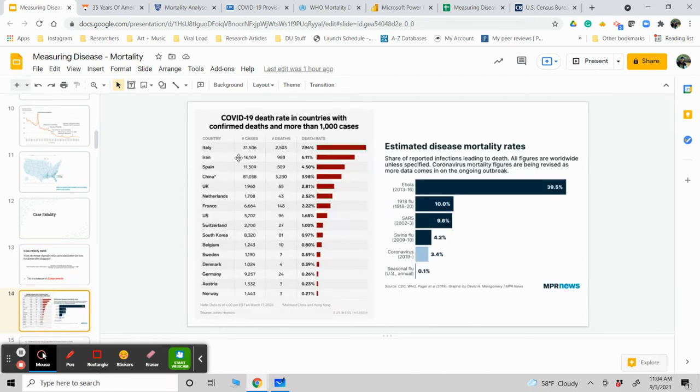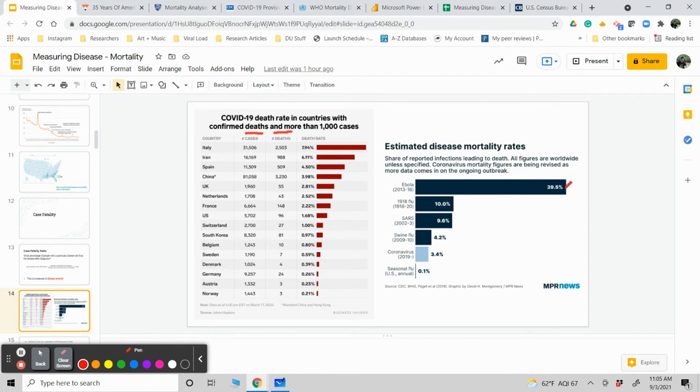We can use this to compare, for example, COVID-19 by country. We see here the number of cases, the number of deaths, and this calculation is simply number of deaths divided by number of cases. It gives us our case fatality rate. So this lets us understand the severity or the toll that it's taking on human life across different countries.